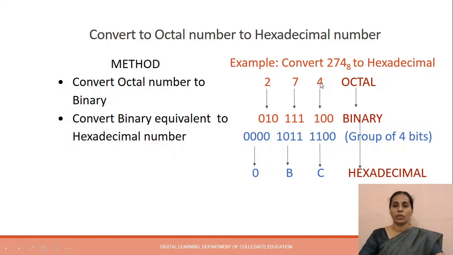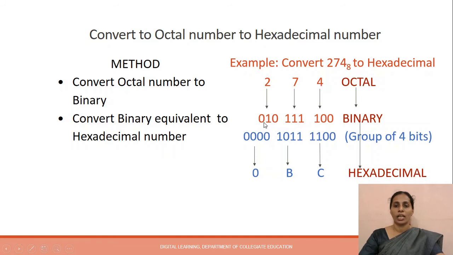Here you start from the rightmost end or the least significant digit. Here 4 is written as 100 in binary, 7 as 111, 2 as 010. Now make this binary form into groups of 4 bits for converting that into hexadecimal. So here you take one more bit from the second group. So this becomes 1100. Next becomes 1011.